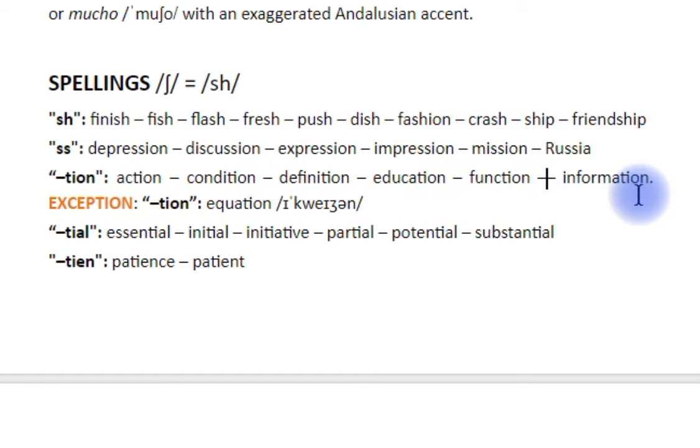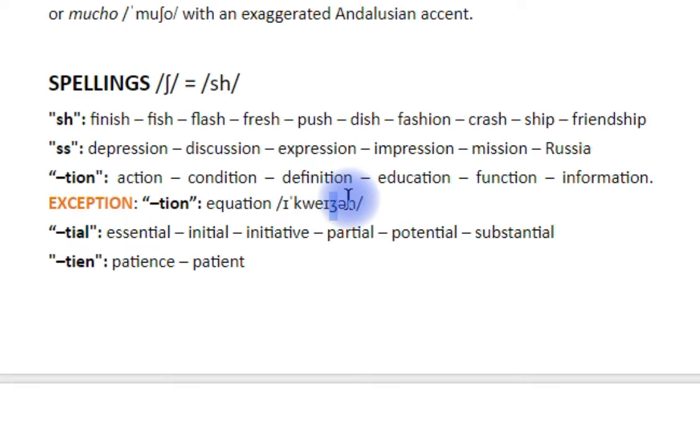Then action, condition, definition, education, function, information, for this TION, which is the typical one, with a very important exception, which is the word equation, where you have this sound in the same position but voiced.